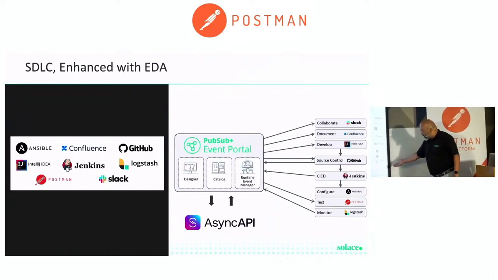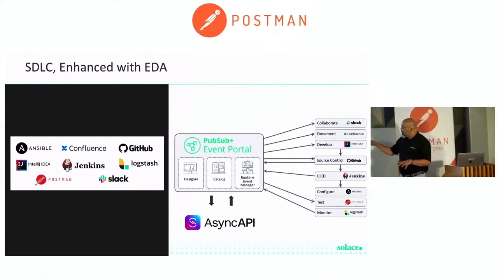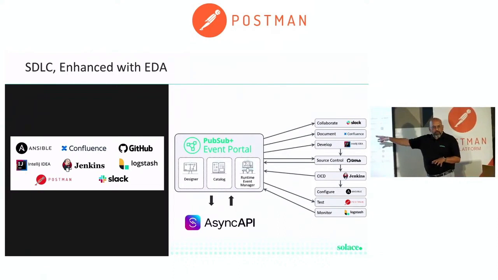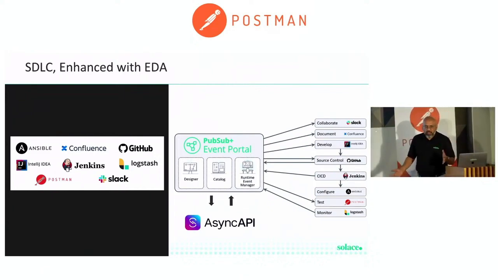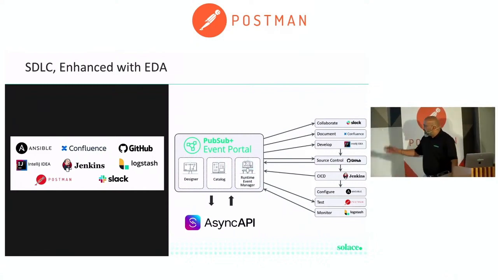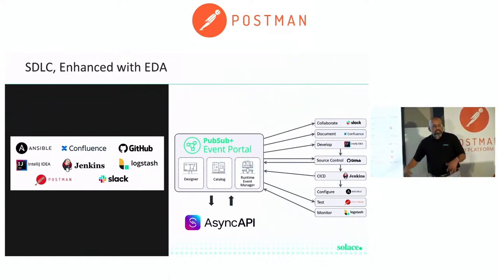You can see there's a lot more. These plugins automatically allow you to discover things on the event portal. Now you're not just talking about EDA at runtime, you're talking about EDA at design time. So you can collaborate, you can document anything that you would have in a typical SDLC requirement, right? All these things are possible, and AsyncAPI makes a huge difference here, not just at runtime.